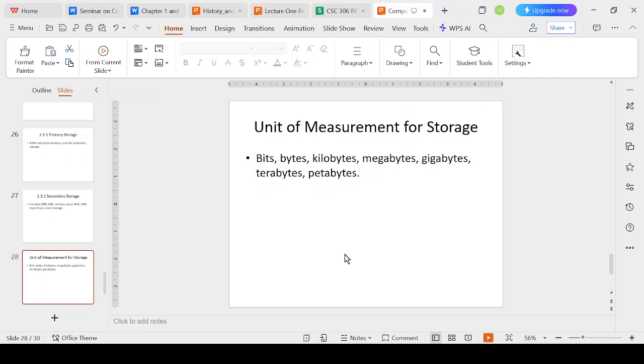We have various units of measurement in computers. We have the bytes.